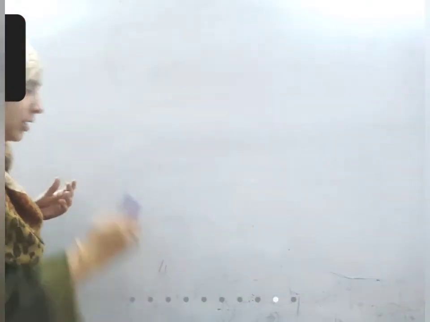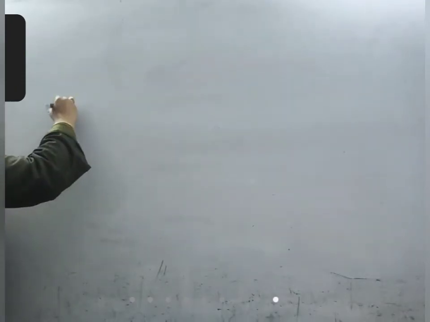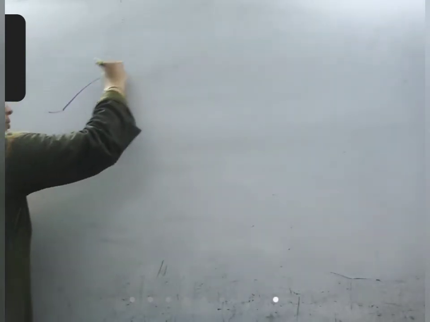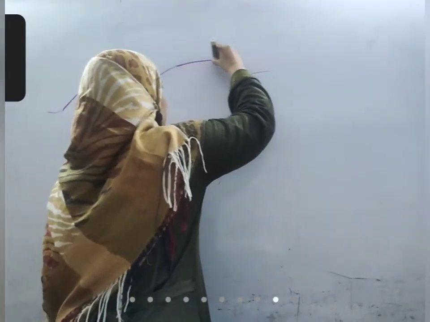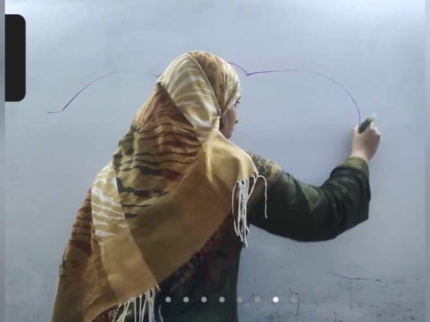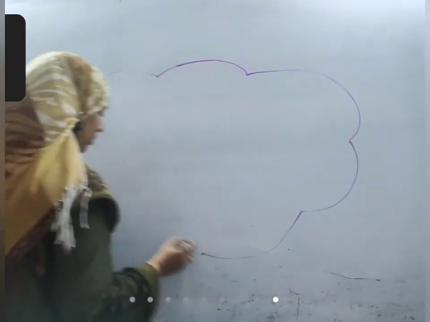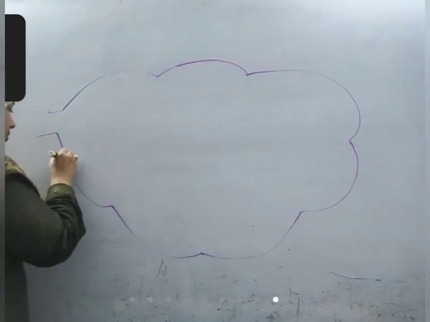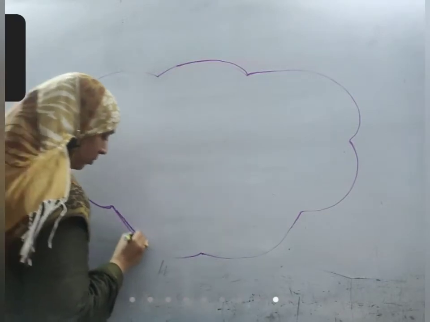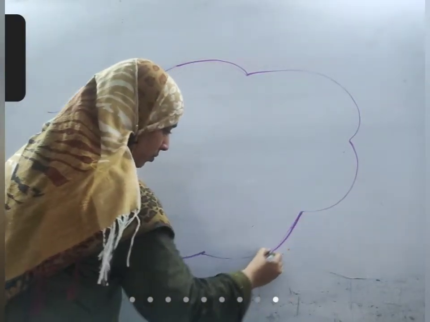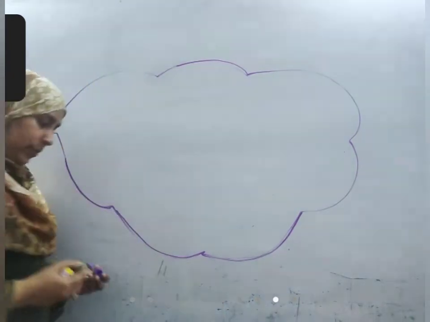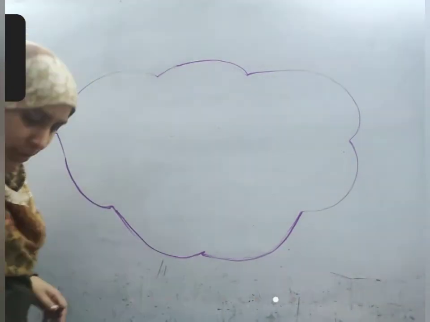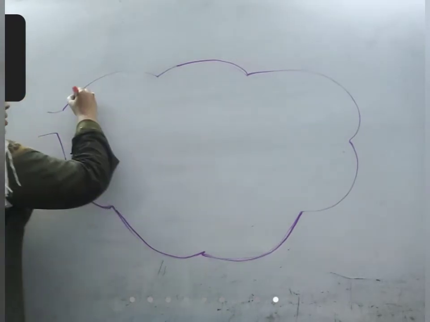So now let us check. This is the ovary. Now what is formed during birth?